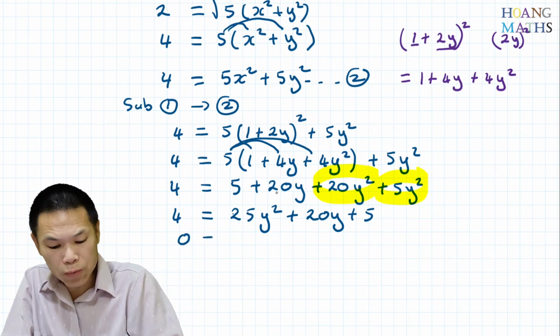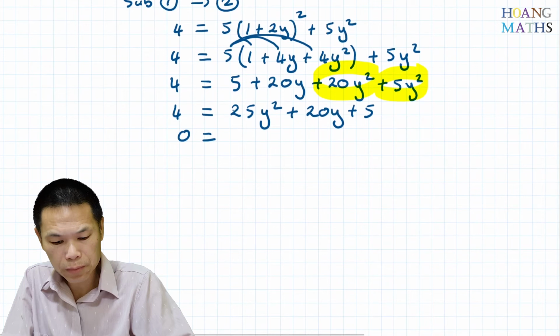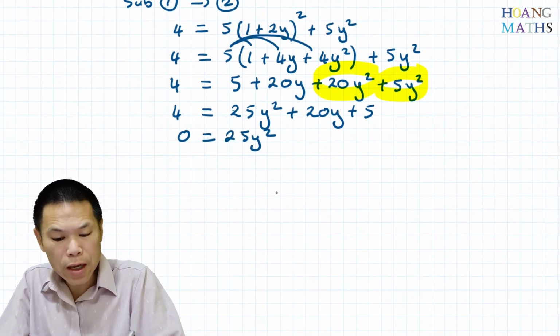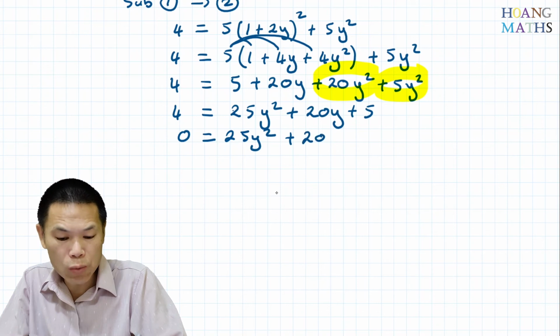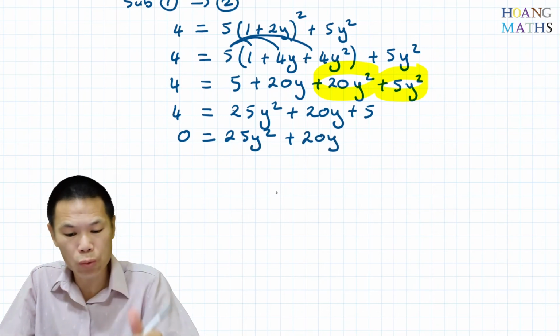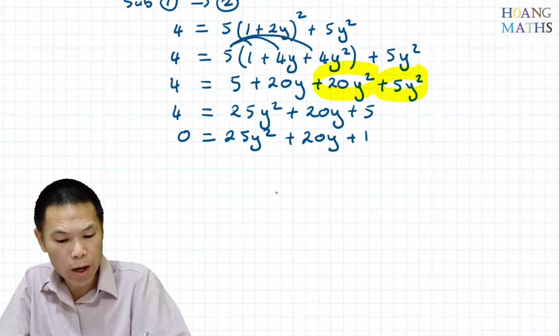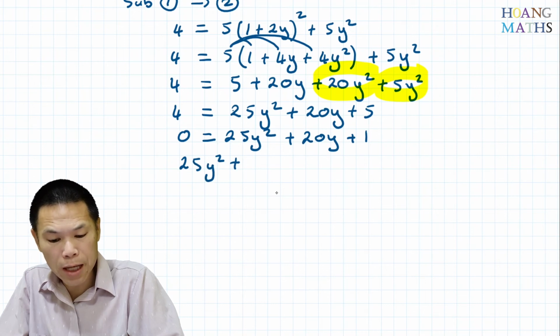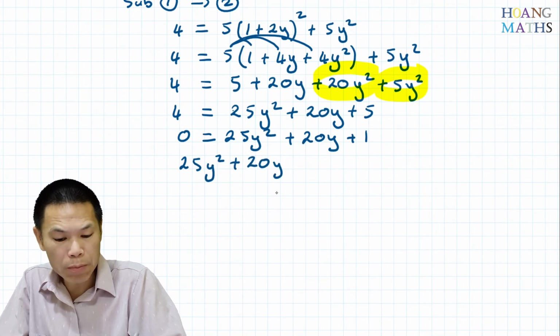Now what I do now is I just move the 4 on the other side, so become minus. So 0 is equal to 25y square plus 20y. So 4 move on that side becomes 5 minus 4, which is 1. So we add 1. So this is exactly the same as 25y square plus 20y plus 1 is equal to 0.